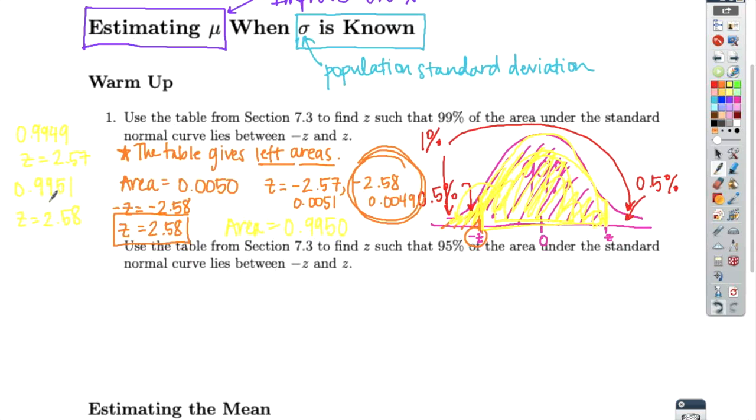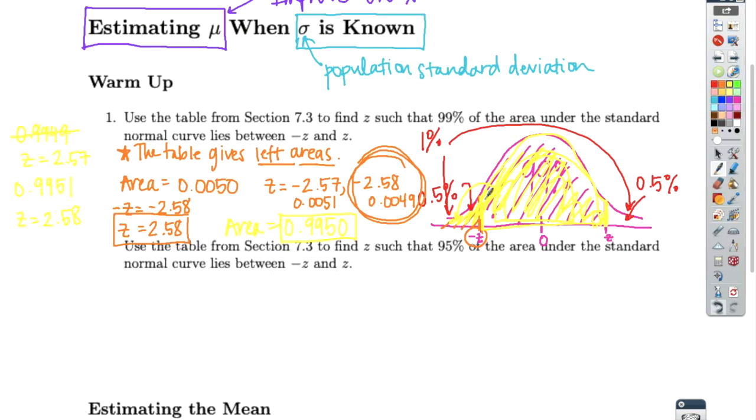2.58. Okay, so I want to be as conservative as possible, and what I mean by that is, remember I was looking for this 99.5% area, and this is very, very close, but it's actually not quite there. It's just a hair under that 0.9950, and I don't want to shave any of this off.